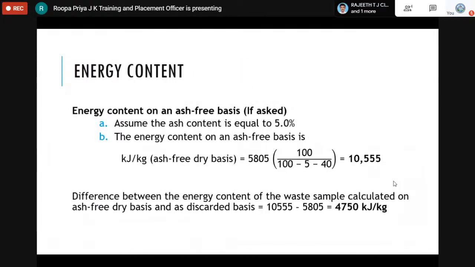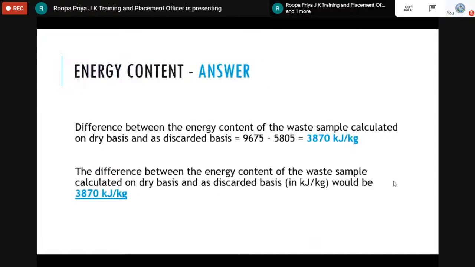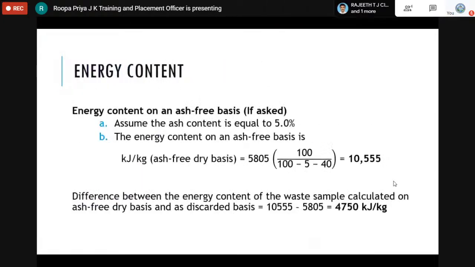If you're asked to calculate the energy content on an ash-free basis, as mentioned earlier, you just have to assume the ash content as 5%. Use the simple equation where you're taking the unit energy content of 5,805 kilojoule per kg into 100 divided by 100 minus the percentage of the ash content, that is 5%, which gives 10,555 kilojoule per kg.